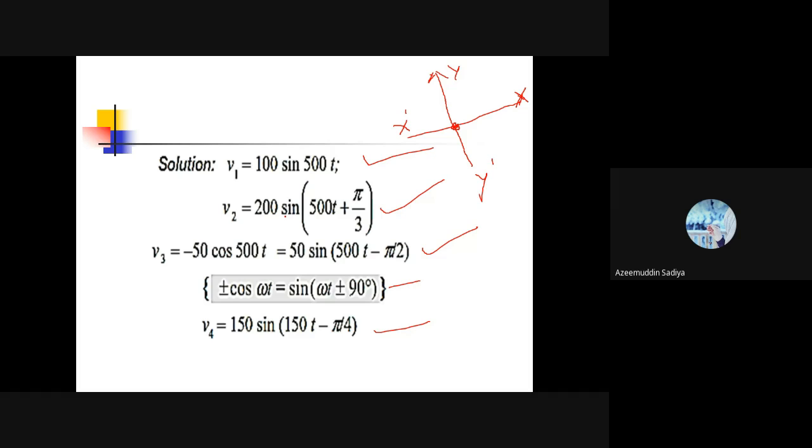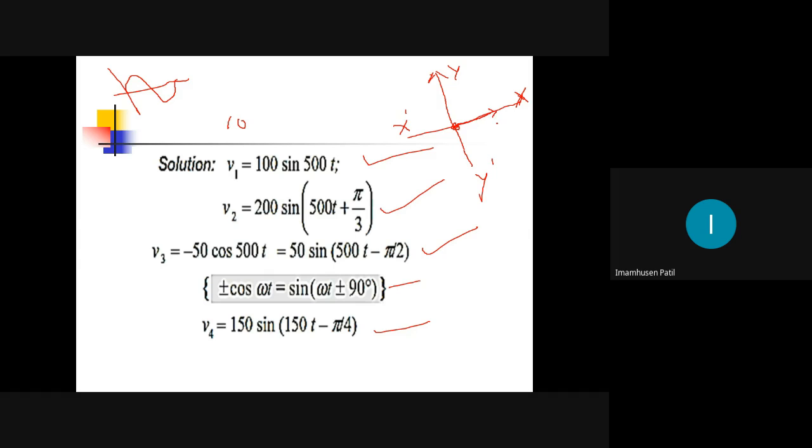Yes, sir. See, first V1 you have to draw. This is 100 sine omega t, standard form. There is no phase difference, nothing. This waveform is starting like this. So you have to draw this V1 here.